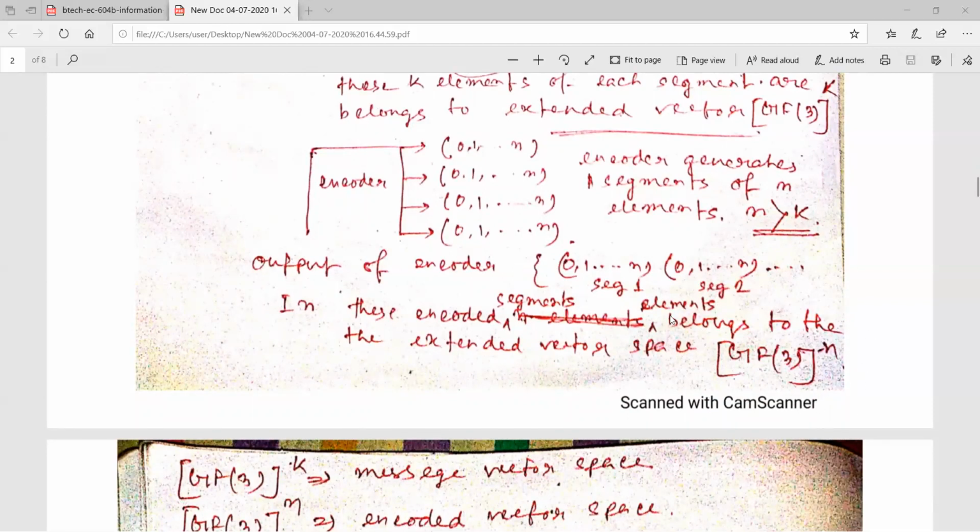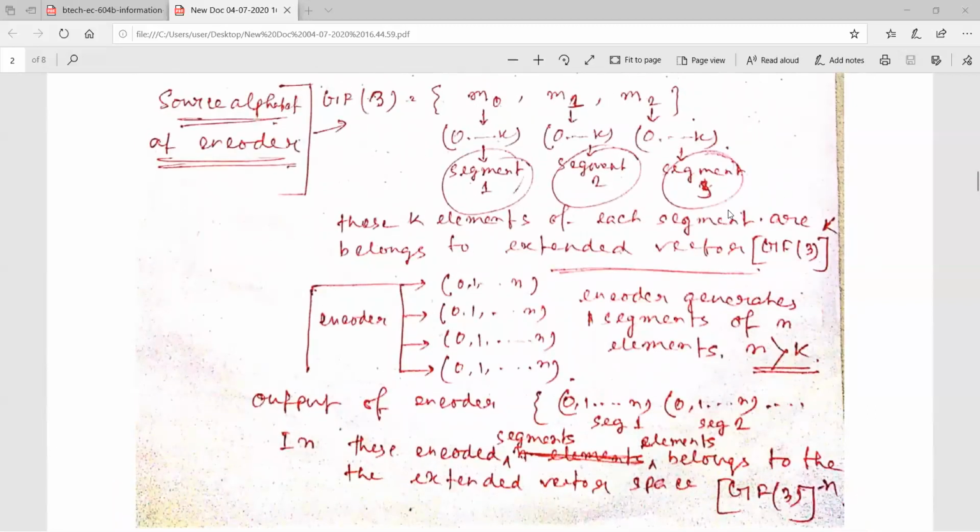That means this is the total possible number of encoded sequences, and the other is the total number of possible messages. This is basically the concept.